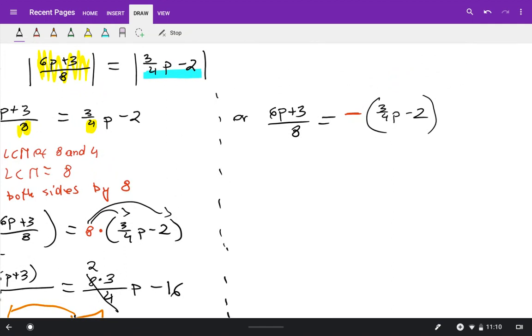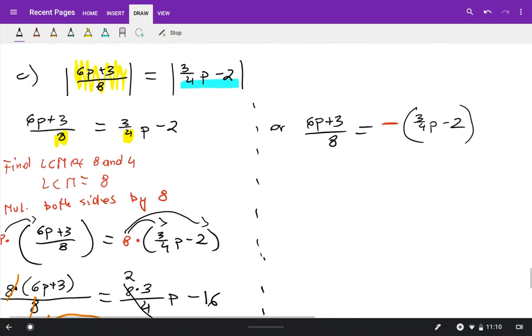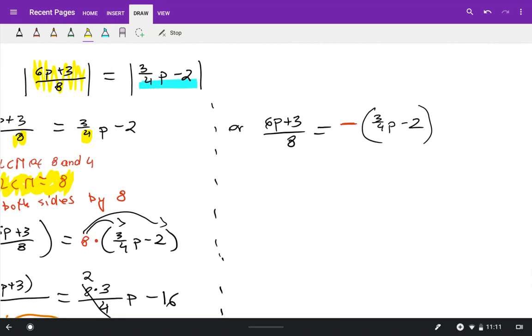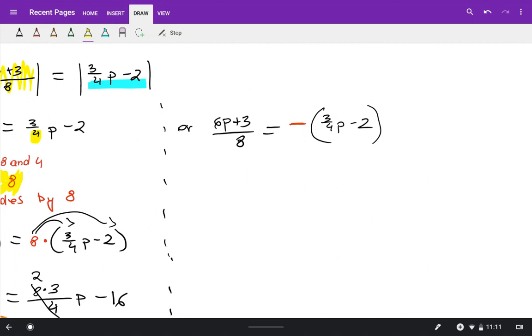No, it's not correct. So before I multiply both sides by 8, which is also the LCM, I'm going to distribute that minus first. So I have 6p plus 3 over 8 equals negative 3 over 4p plus 2.